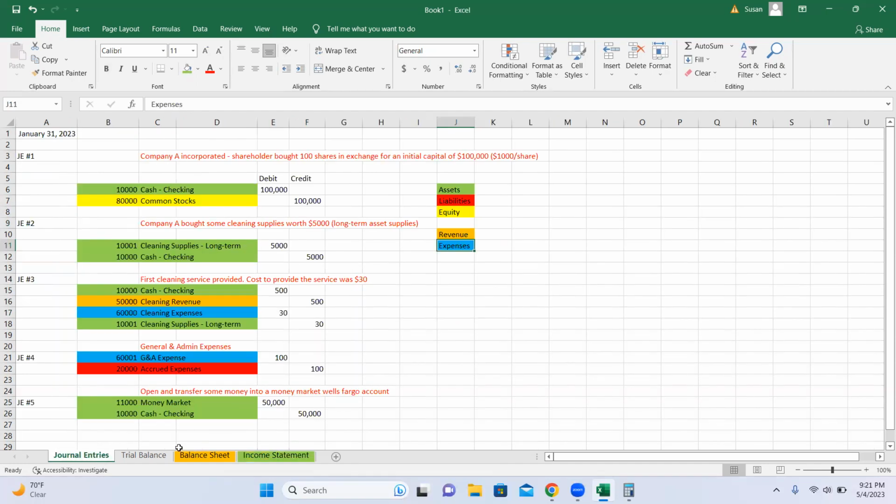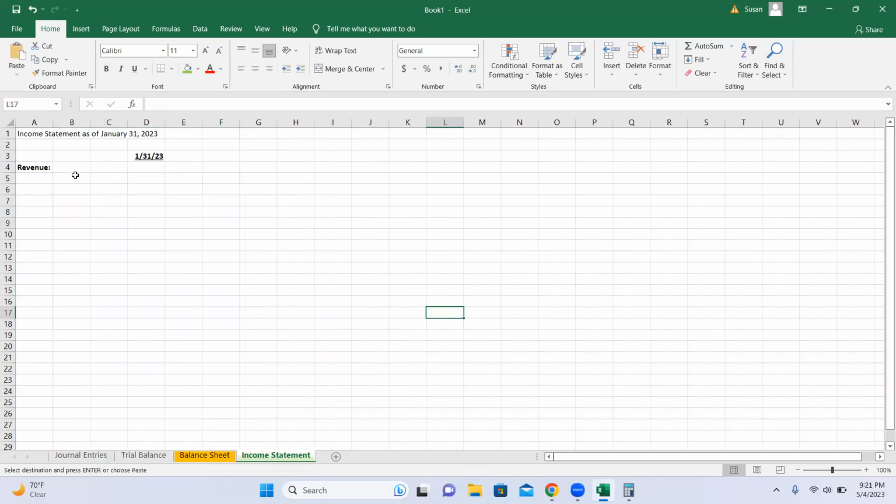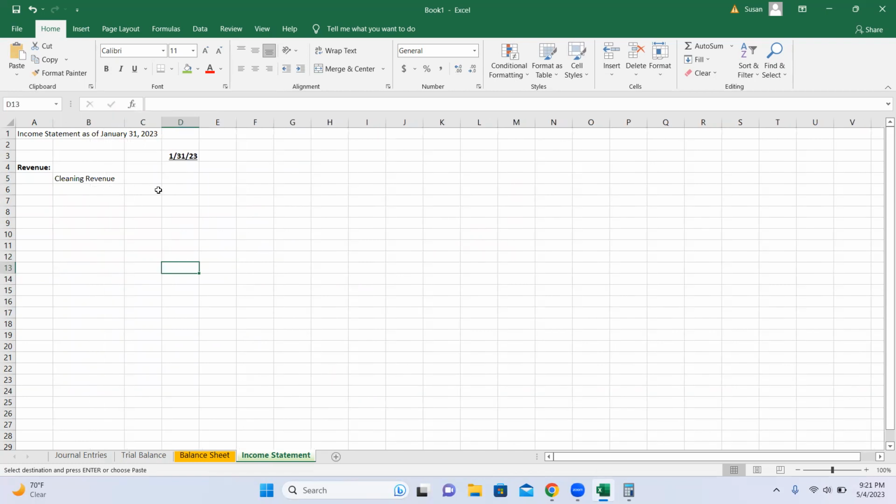So we have one contributing revenue bucket here. We have our cleaning revenue. So the company is making most of its money with cleaning revenue. And then I'll do a subtotal for total revenue.